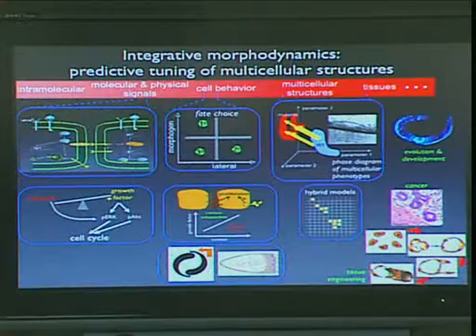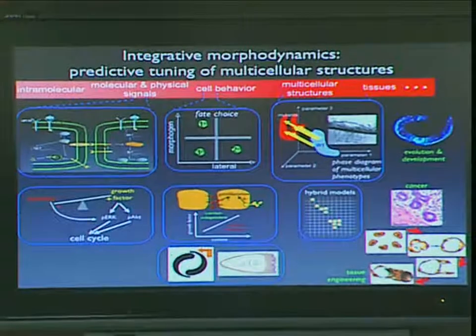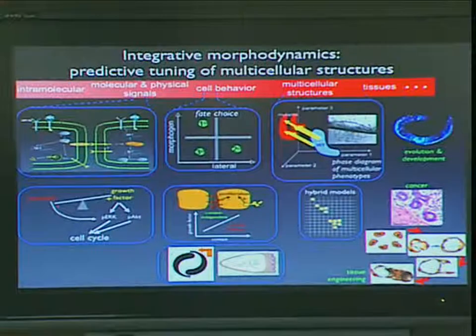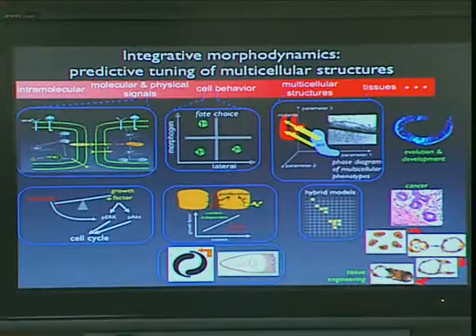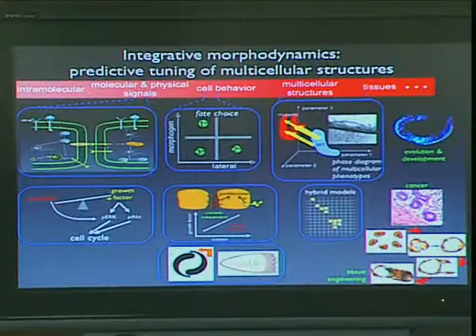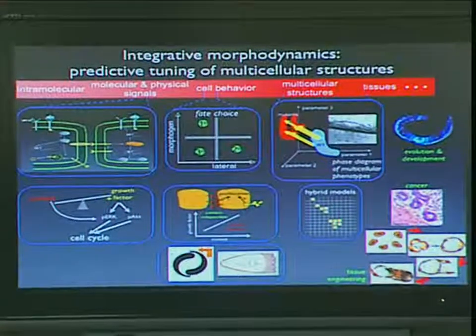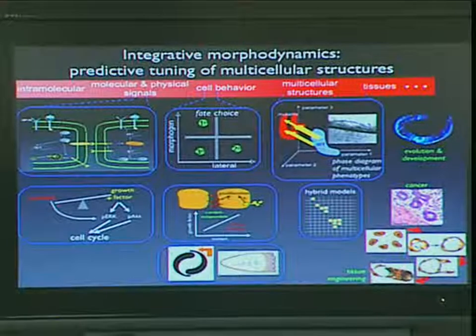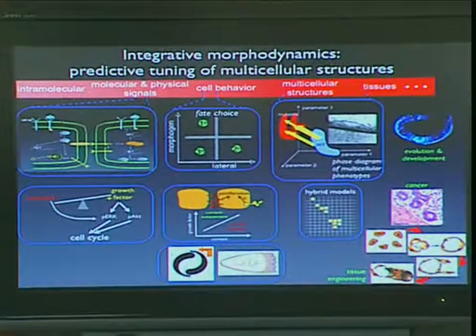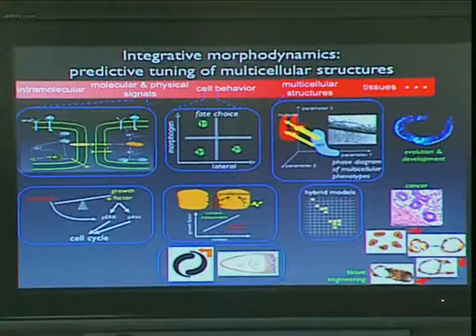And ultimately, these quantitative interactions and rules play out over multiple scales, at the molecular and physical level in terms of signals, but affecting cellular behavior and then multicellular structures. So whenever you have these types of situations of multi-scale, you of course have to be thinking integratively of how to weave these scales together in an informative way.